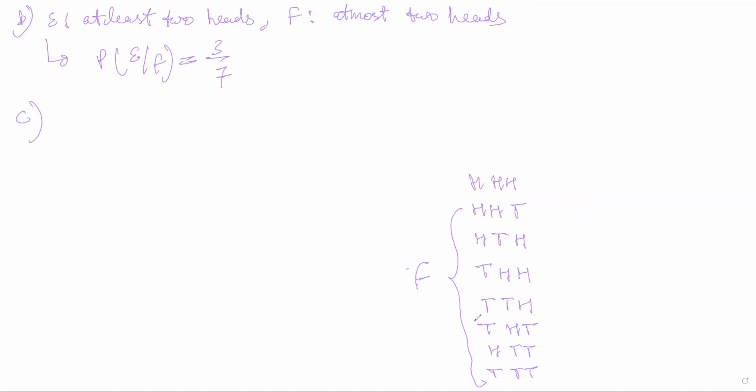E, at most 2 tails. What is the portion E? These are 8 events. Total sample space is 8. What is E? At most 2 tails.